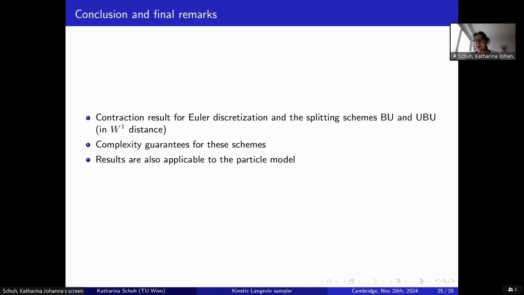Then in the next step, since these schemes do not sample our true target measures, but we always have some bias, we also analyzed the error we are making. So we have shown also some complexity guarantees for these schemes. And then in the end, we also looked at some specific high-dimensional setup and also on this specific nonlinear measure.